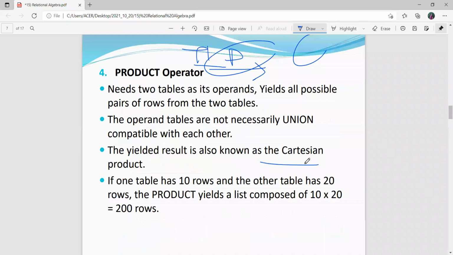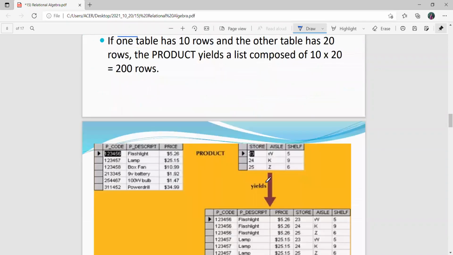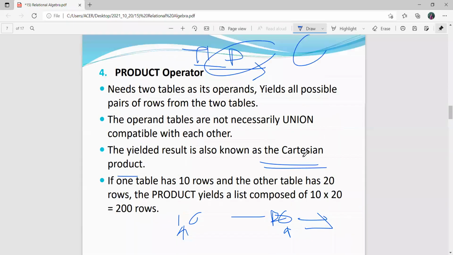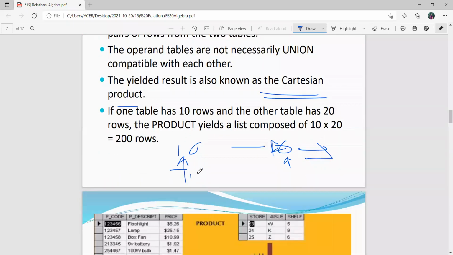This is known as a Cartesian product. If you use 10 rows from one table and 20 rows from another table, T1 product T2 outputs 10 into 20, that means 200 rows.